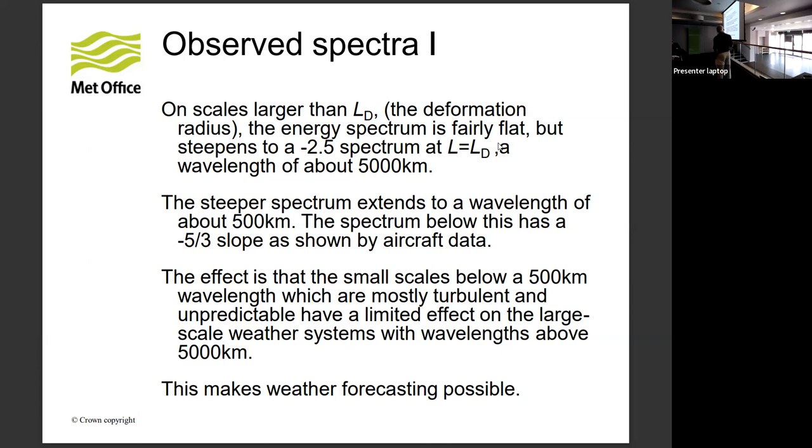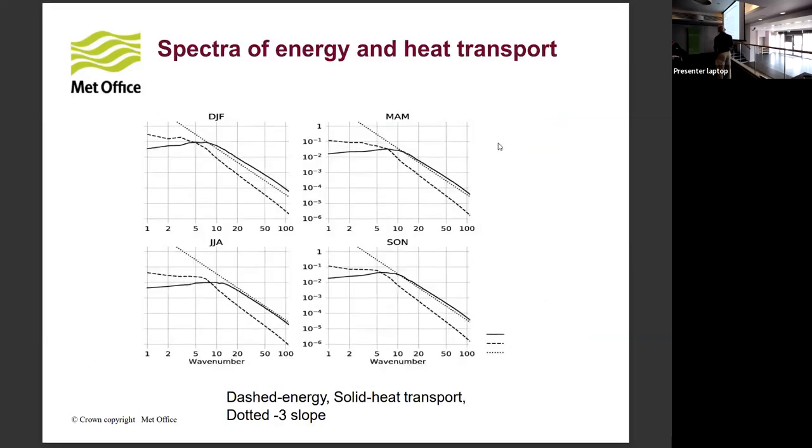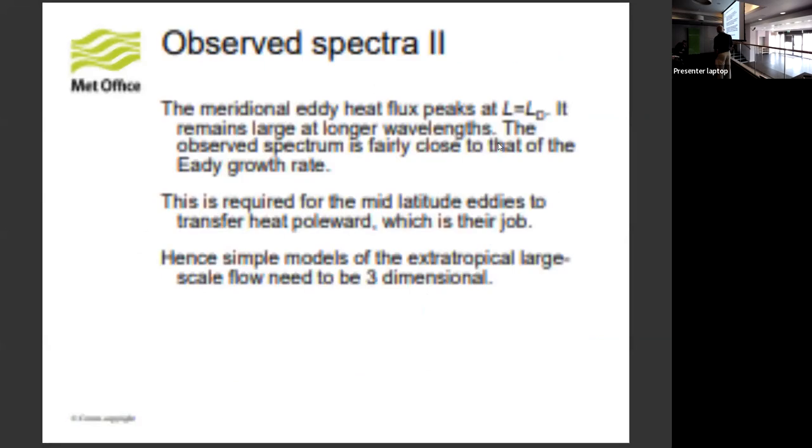And then at small scales, below 500 kilometer wavelength, I haven't shown small scales here, but the aircraft data people look at a lot. This -5/3 slope eases out to about -5/3 at smaller scale.